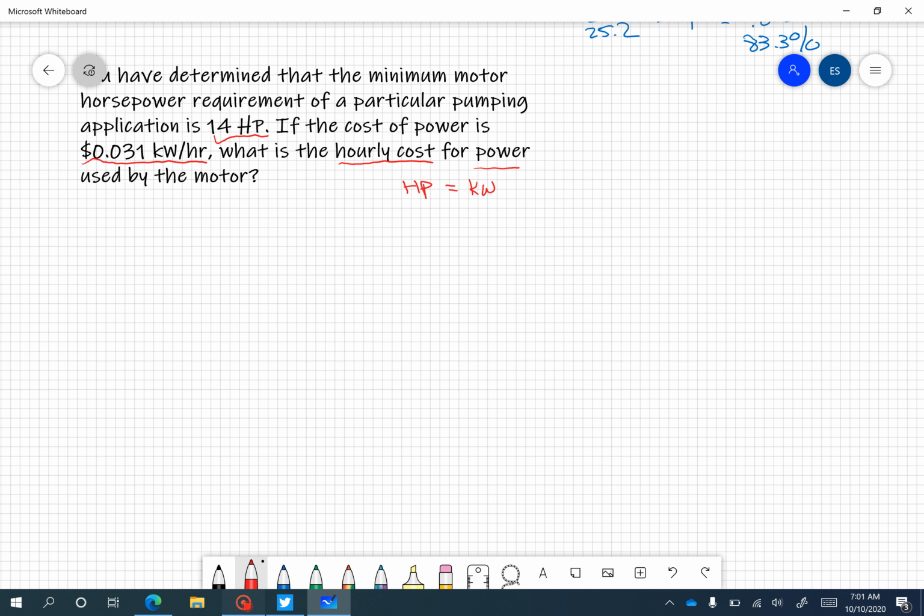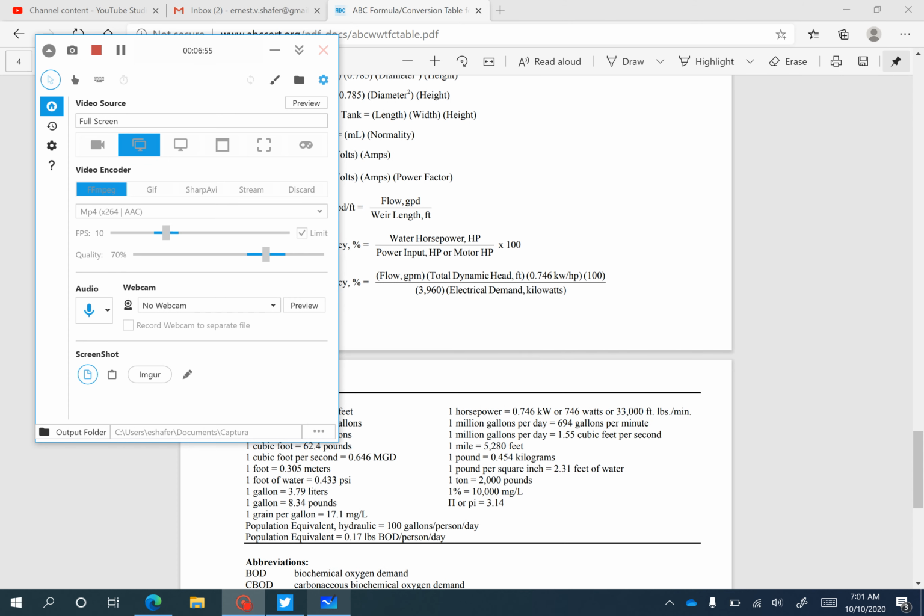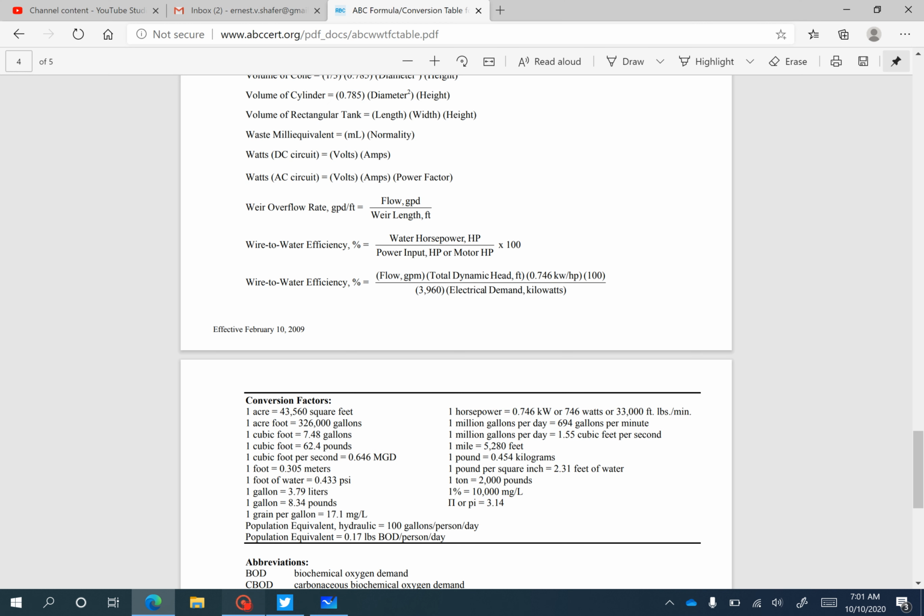And on your conversion sheet, or on your sheet given by ABC, there is a conversion factor right here, almost to the very last page. One horsepower equals 0.746 kilowatts, or 746 watts, or 33,000 foot-pounds per minute, but we're going to use the simple one.